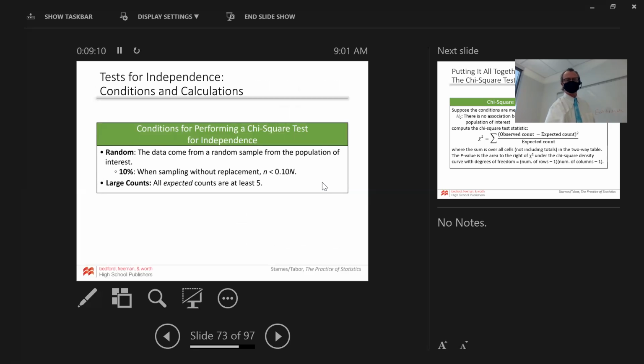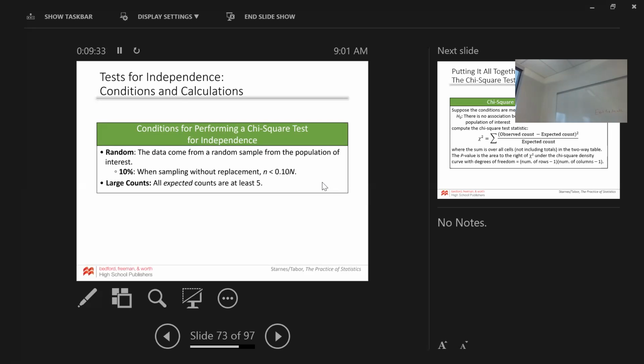The conditions. SRS, the sample size is less than 10% of the population. The expected counts are greater than 5. You can anticipate a question like this in May, where the observed count may be less than 5. But that's not the condition.